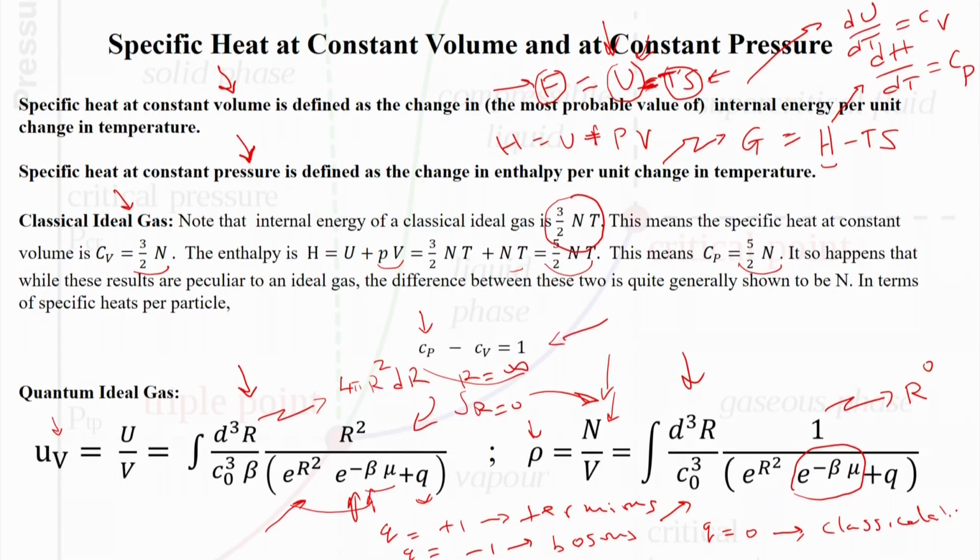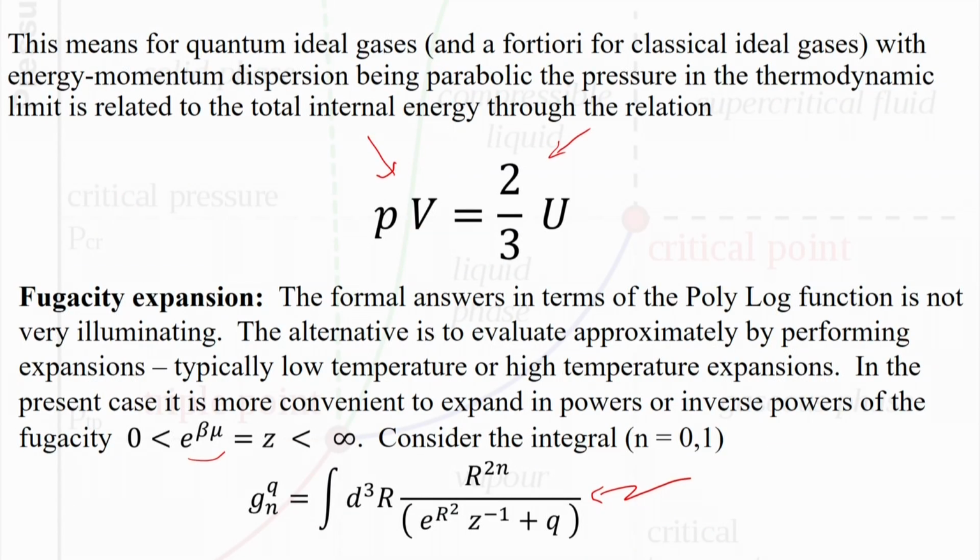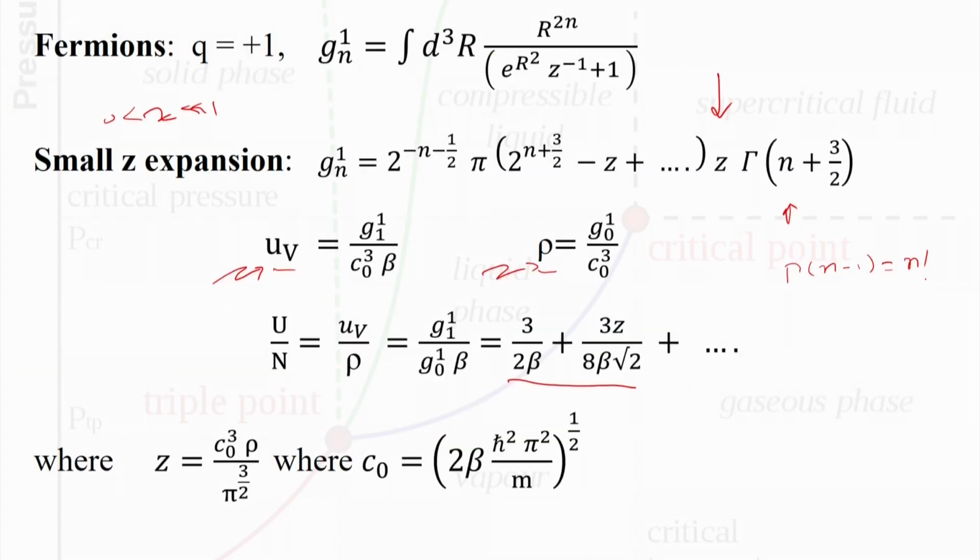Okay, so with that long preamble, let me get back to where I was, and that is here. Keeping in mind what I just told you, I really do not care about writing my answers for my energy in terms of the chemical potential. After all, what is Z? Z is e raised to beta mu, and mu is the chemical potential.